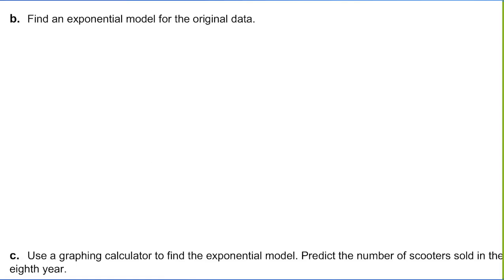So we want to find an exponential model for this original data. Again, we're going to be using this: natural log of y minus y1 equals our slope times x minus x1. Our first step here needs to be that we find our slope, m, using 2 points.